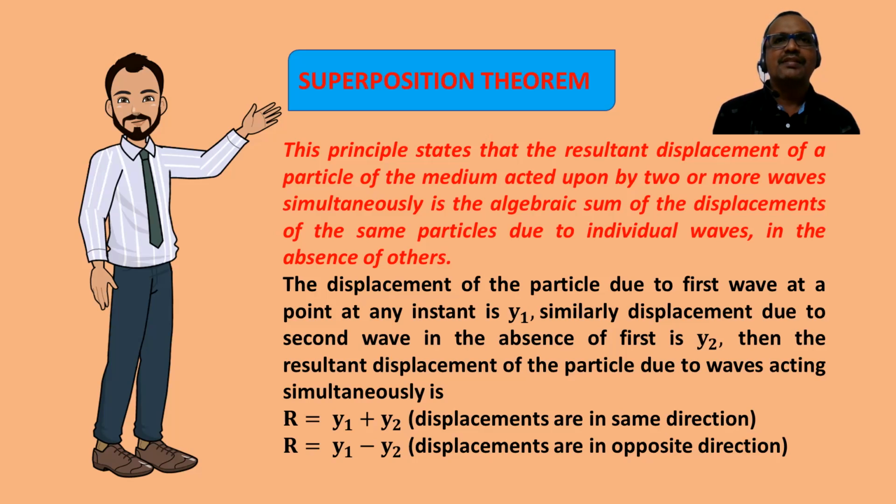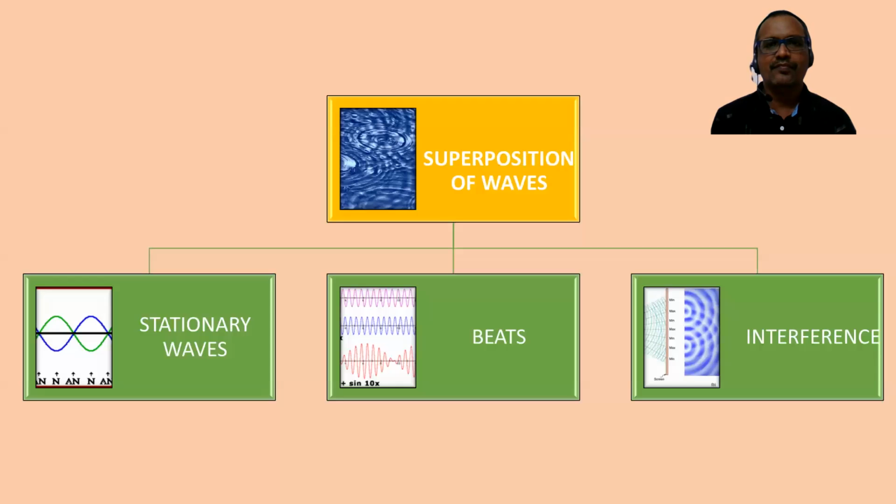So this theorem is known as the superposition theorem, and we have to understand this concept in order to understand the concept of interference. Now let us see what is superposition of waves.